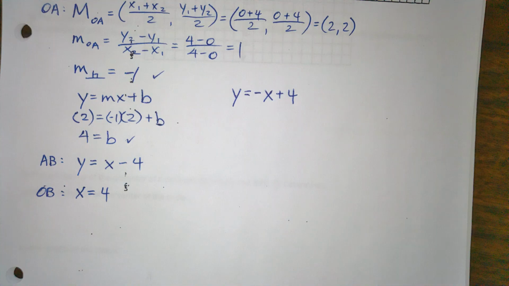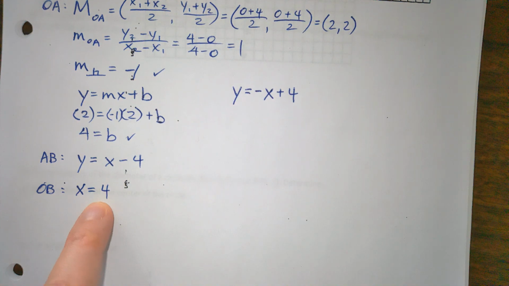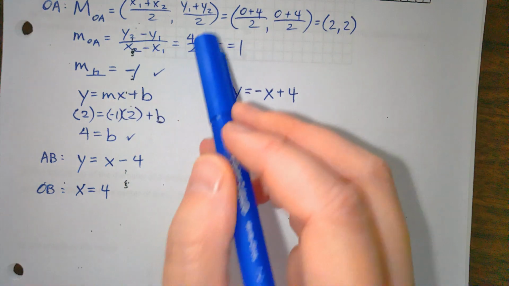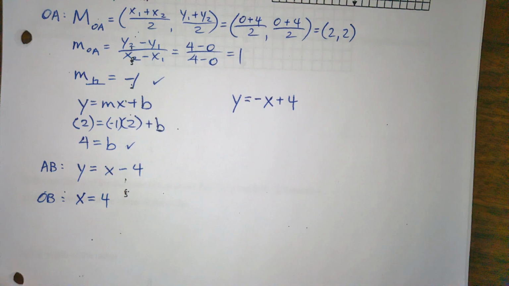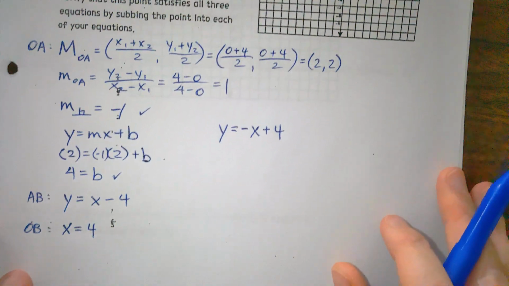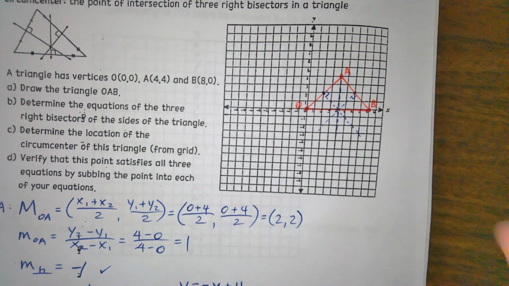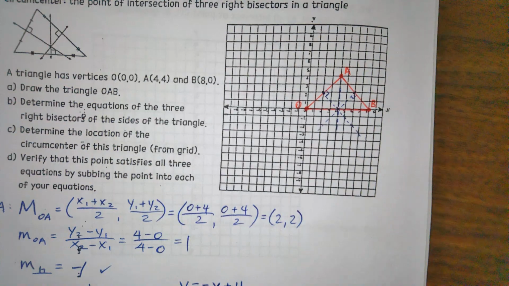So the equation of that line, because it's a vertical line, is just x equals 4. If you can tell it from the diagram, from your graph, you can just conclude that. You don't have to show every step here, because it's just a vertical line. And then if you take a look at the diagram right here, where is my circumcenter?